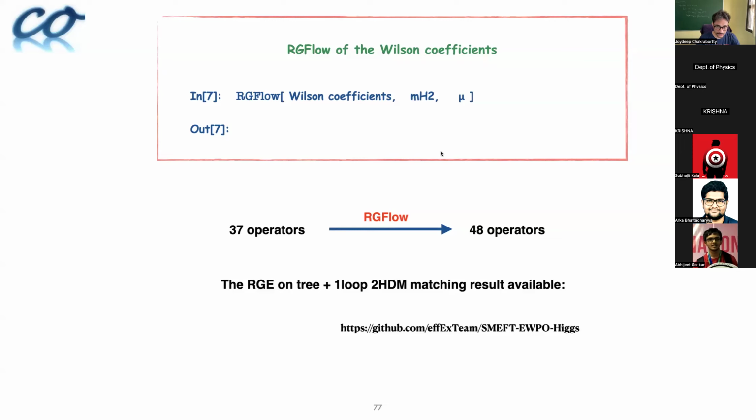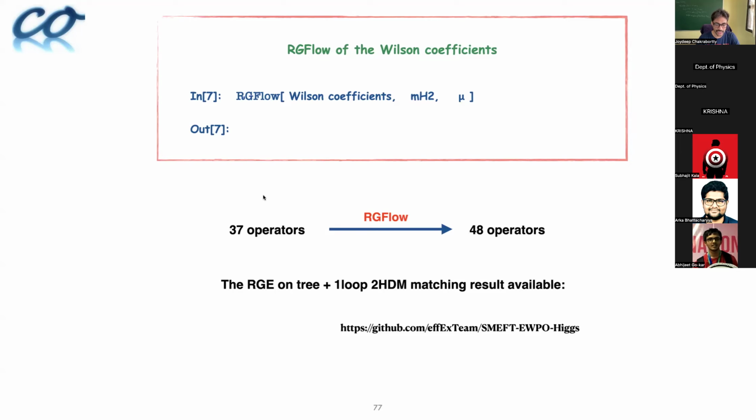Okay, so this anomalous dimension matrix is basically not diagonal; it has off-diagonal entries. Now, what is the meaning of that? It means basically, if you consider the running of operator O1, then it will mix with other operators O2, O3, and O4. So it may happen that after integrating out, you get, let's say, a few operators, but when you perform the running, you may generate more and more operators. And that's what is shown.